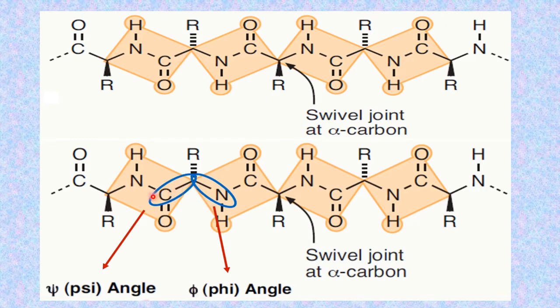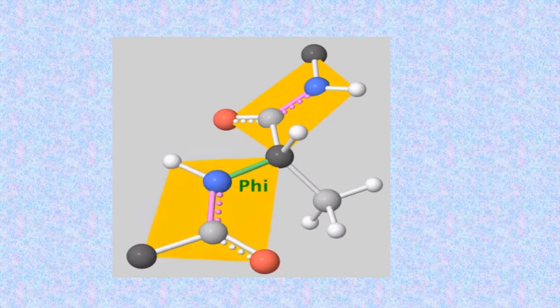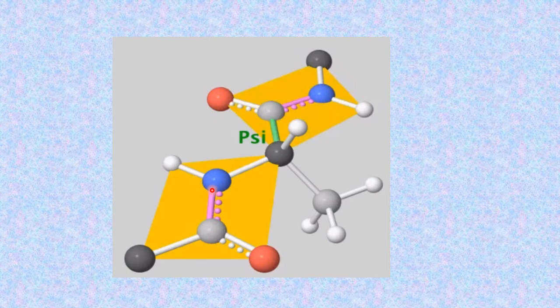Accordingly, the two angles, that is the psi angle and the phi angle, are possible. So in the backbone of the polypeptide chain, we have the phi angle between the alpha carbon and the nitrogen, and the psi angle between the alpha carbon and the carbonyl carbon.